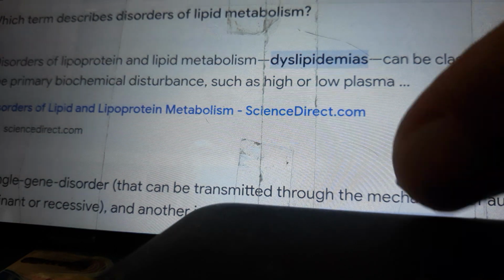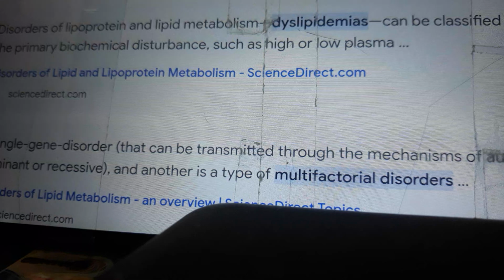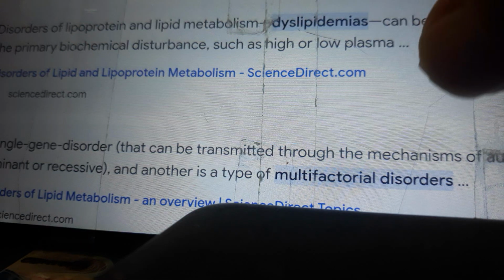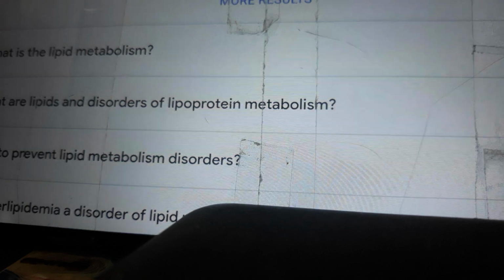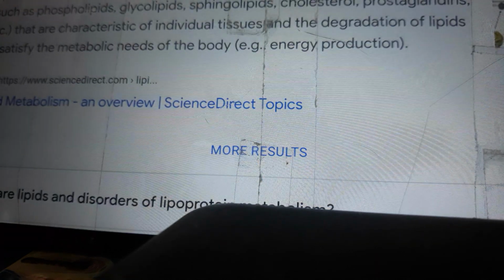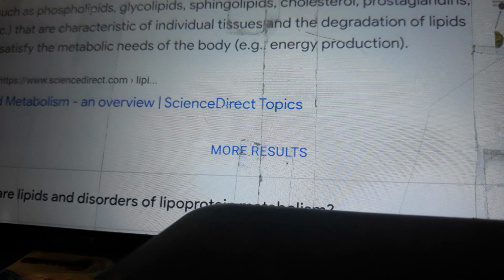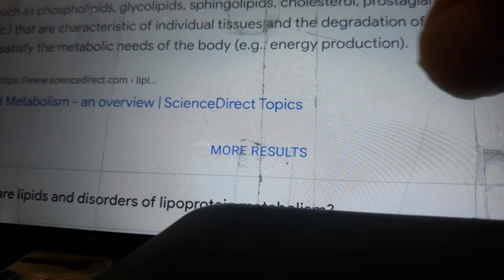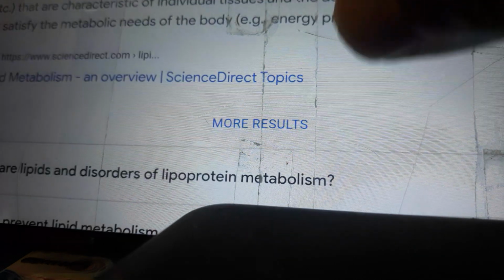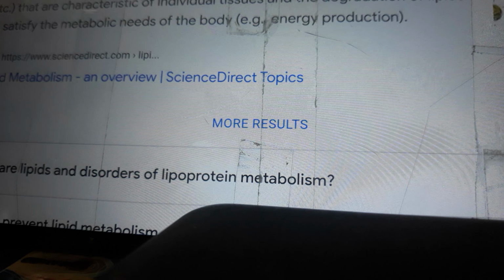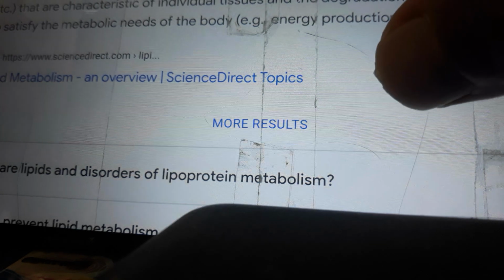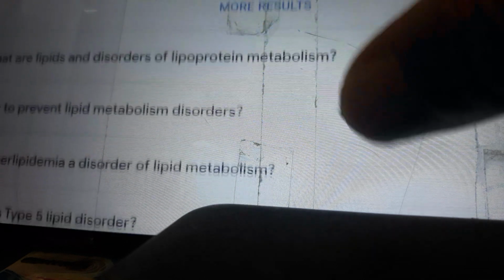Dyslipidemias can be classified based on the primary biochemical disturbance, such as high or low plasma lipids. What is lipid metabolism? Lipid metabolism involves the synthesis of the structural and functional lipids, such as phospholipids, glycolipids, sphingolipids, cholesterol, prostaglandins, etc., that are characteristic of individual tissues, and the degradation of lipids to satisfy the metabolic needs of the body, for example, energy production.